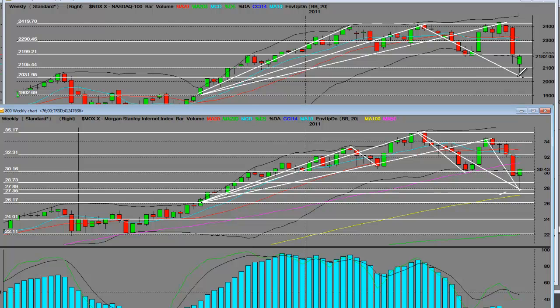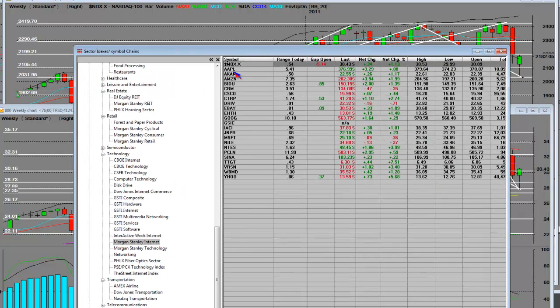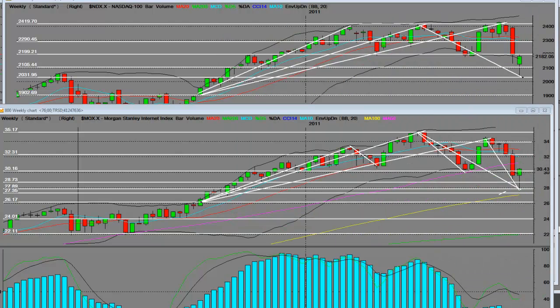We said the third one would make the yearly 2007 calendar year 52-week low, and as far as the 2011 here, when you broke necklines, you went down hard. And when you broke necklines here in the NASDAQ 100, you went down hard. But let us not forget, these were the names that led it down, the leaderships in here that we were shorting. So it's all about the trade management. It's all about understanding the sector indices.